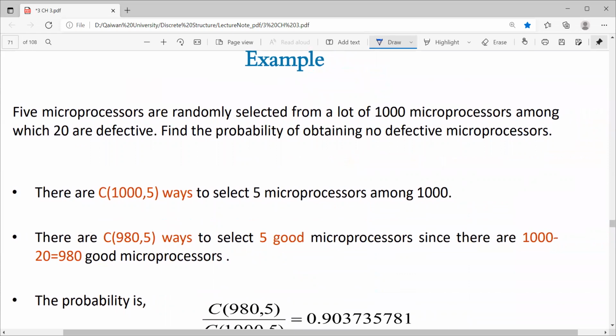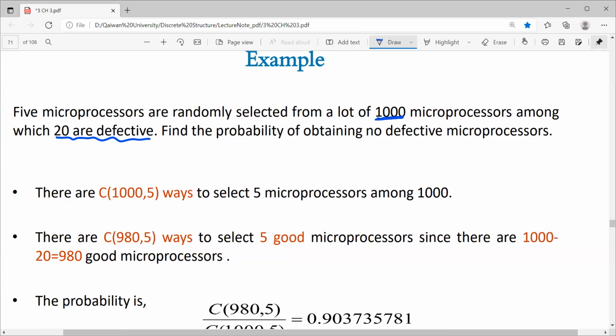We have another example. It says 5 microprocessors are randomly selected from a lot of 1,000. Here we have 1,000 microprocessors. 5 of them are selected among them, of which 20 are defective.